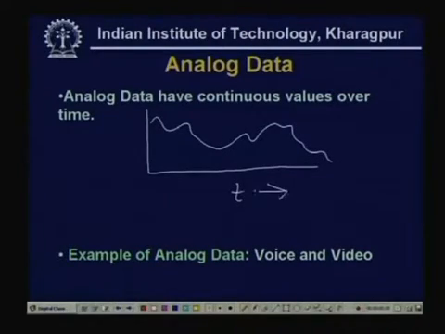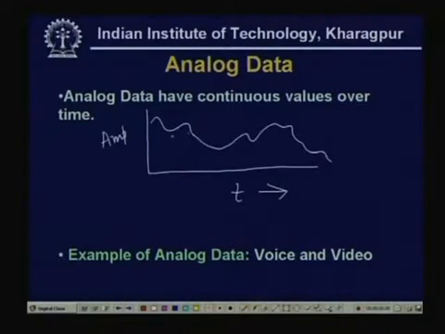So this side is the time and this side is the, say, amplitude in this case. So whenever this is being sent, then this has continuous values. That means it has got infinite number of values within this range. Then we call it analog data.